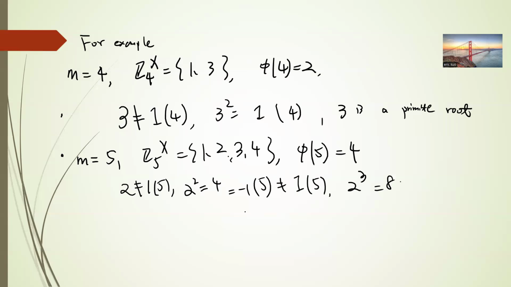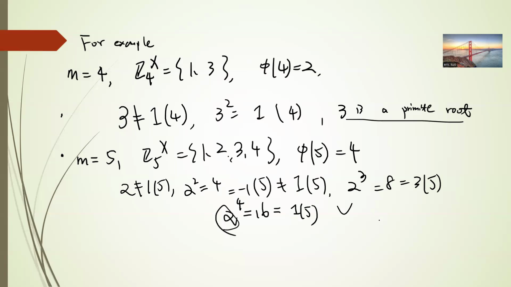And 2 to the 4th is 16, which is definitely 1 mod 5. So 2 is a primitive root here.